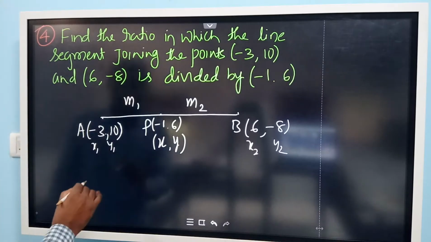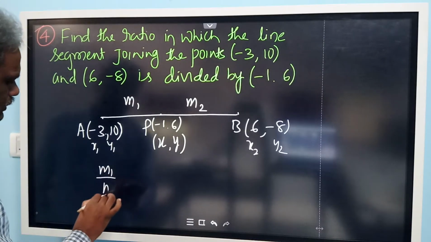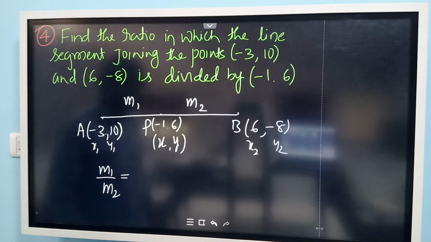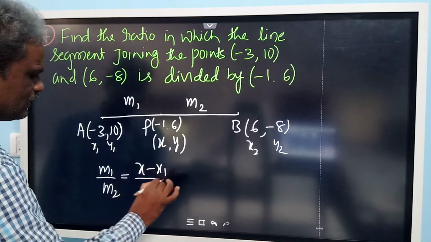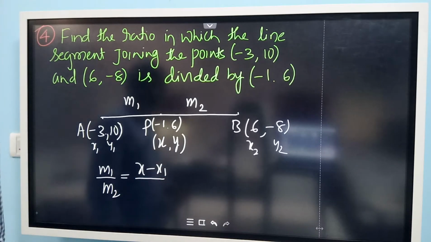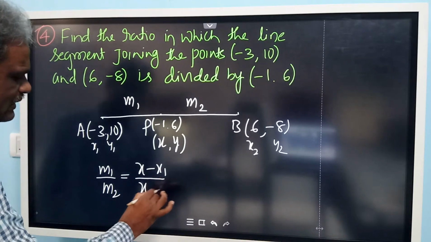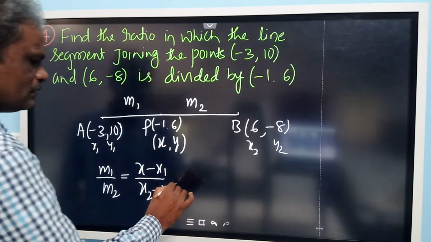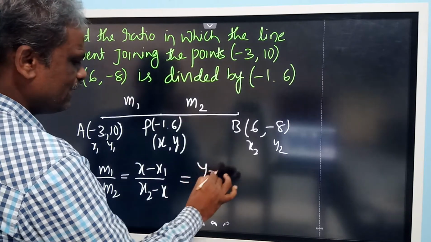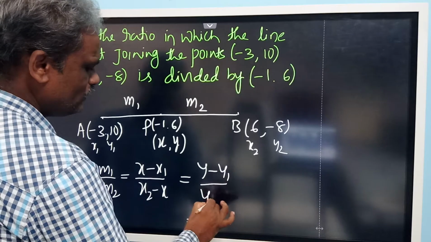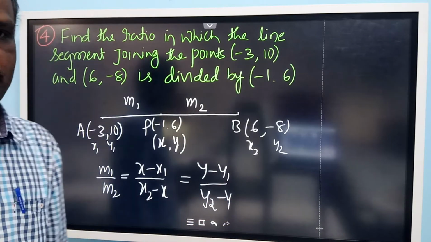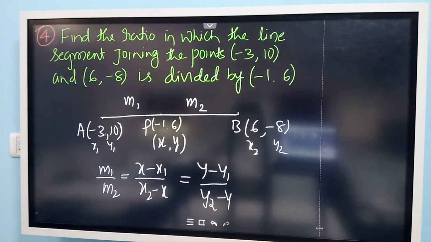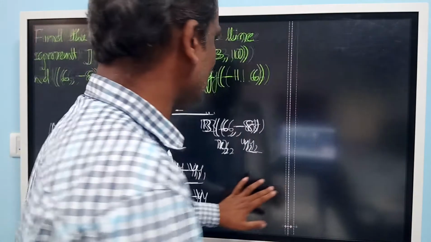Among those, M1 by M2 is equal to x minus x1 divided by x2 minus x, or this is also equal to y minus y1 divided by y2 minus y. You can use this formula directly, but you can also use the section formula.